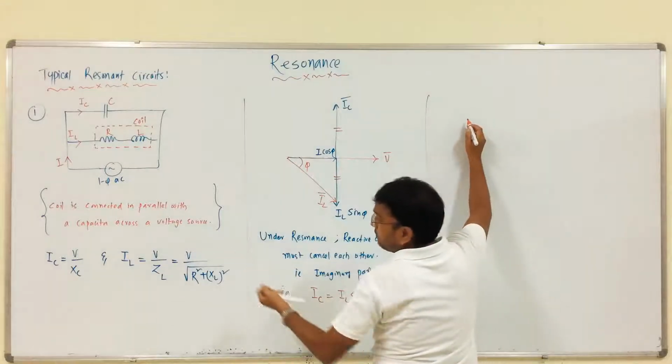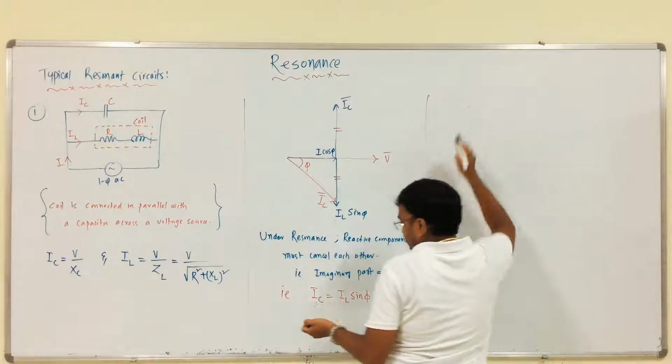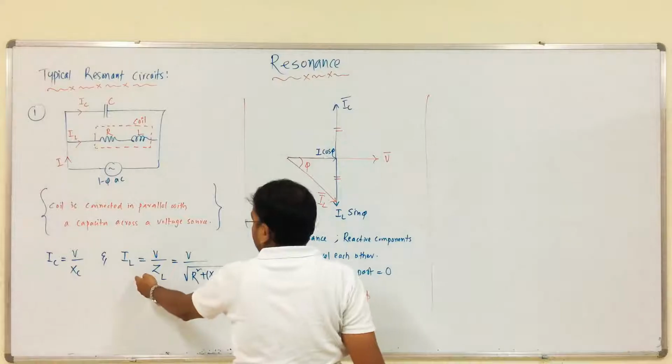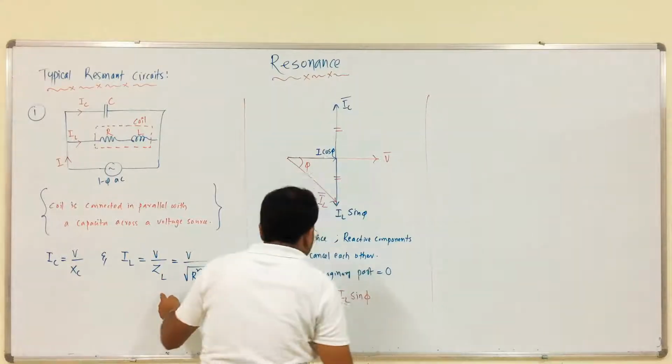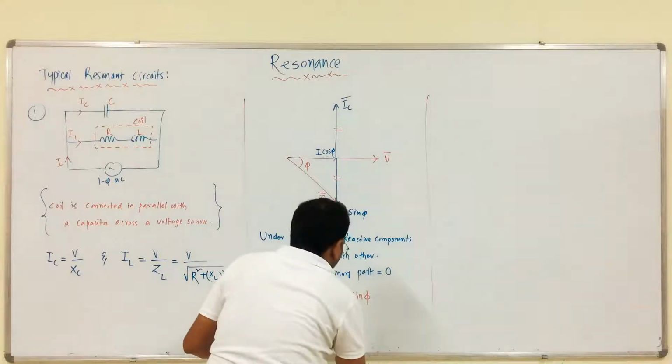IC means V by XC, which is equal to IL, that is V by ZL, times sin phi. What about sin phi?